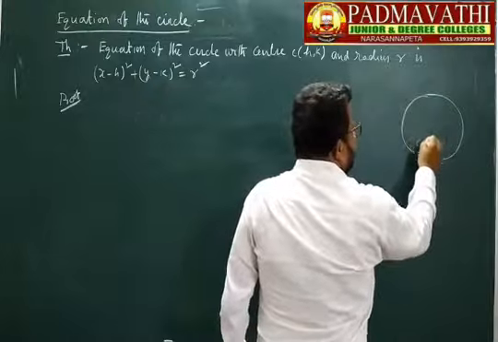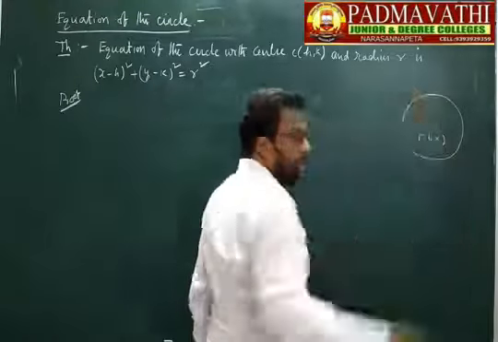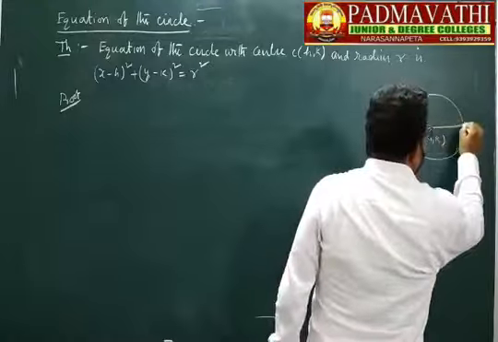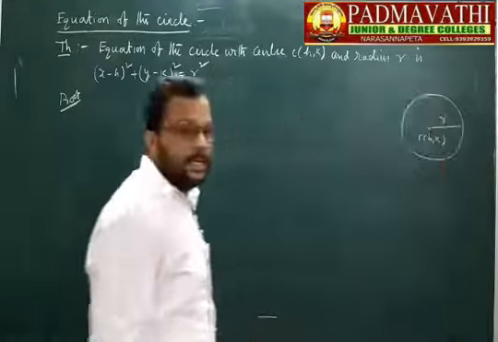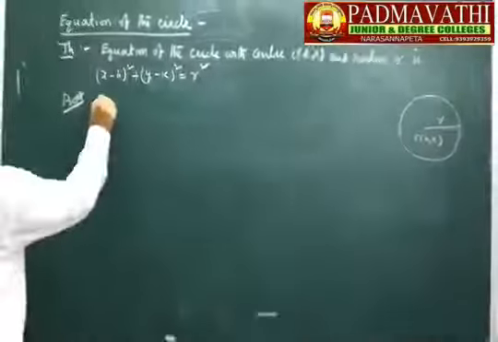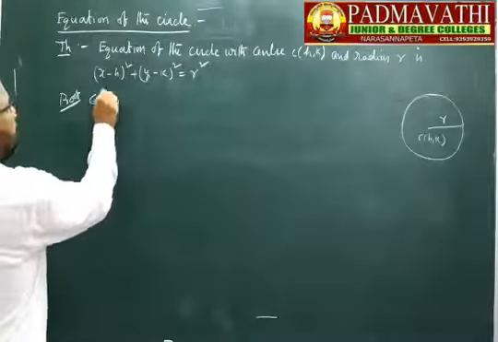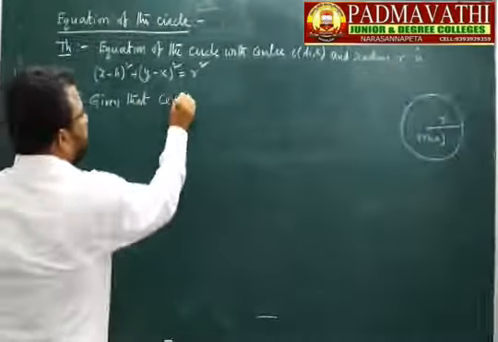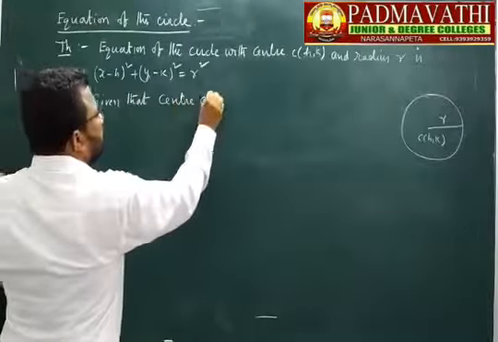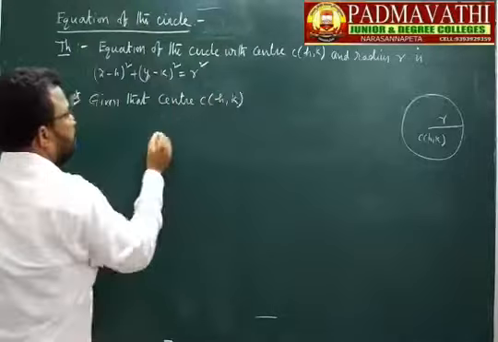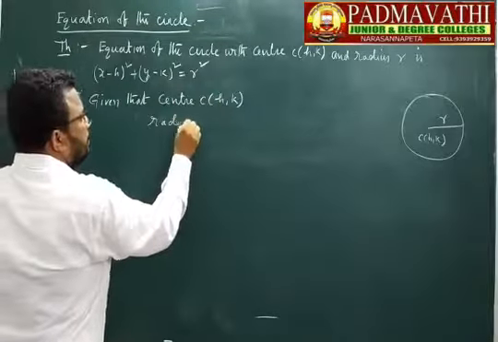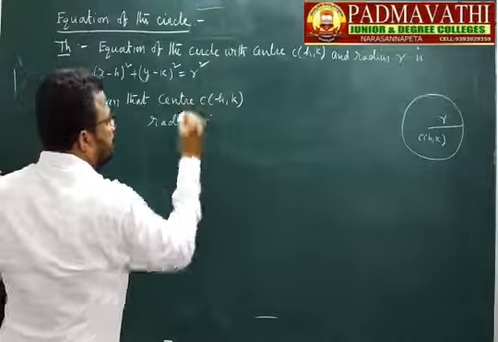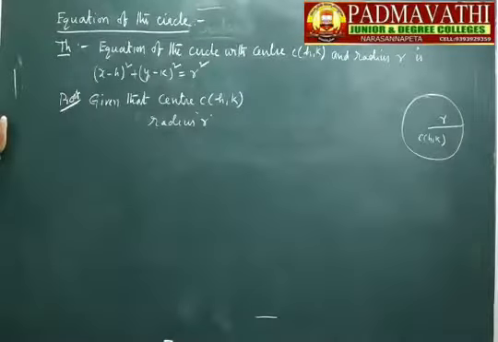These are the given points. We have to show the equation of the circle is (x minus h) whole square plus (y minus k) whole square is equal to r square.